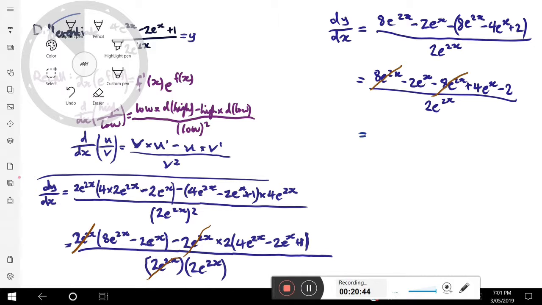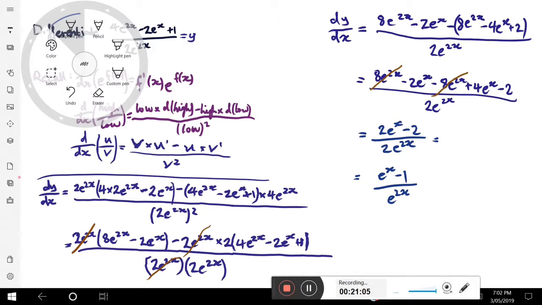Negative 2e to the x plus 4e to the x is just 2e to the x minus 2e to 2x. You can simplify this down to e to the x minus 1 over e to the 2x. We just divided the whole thing by 2.